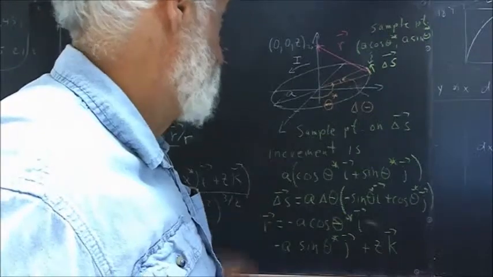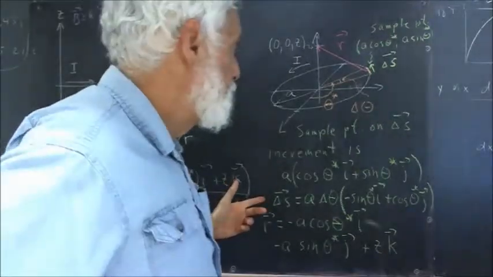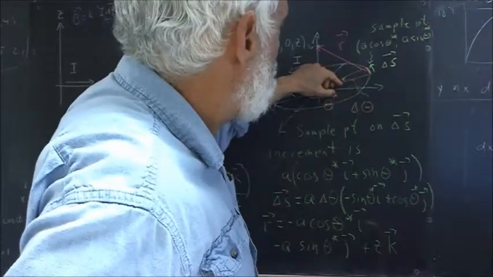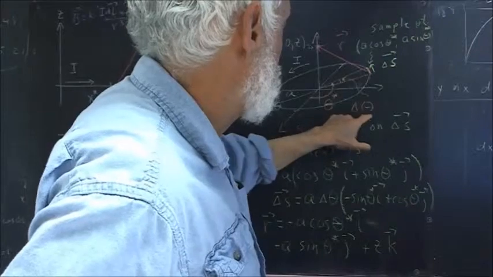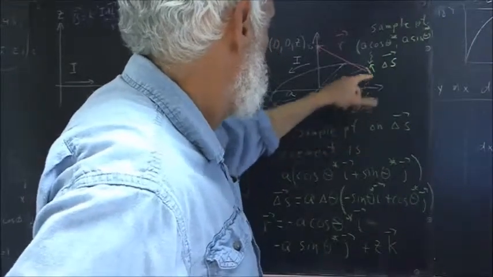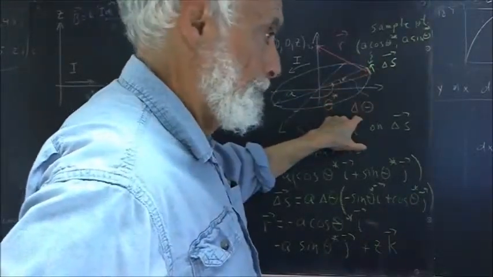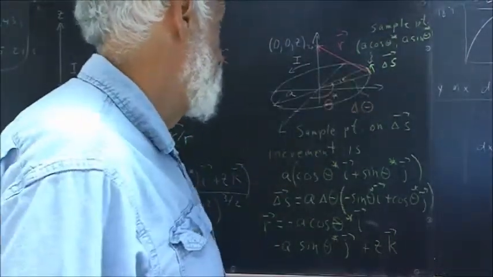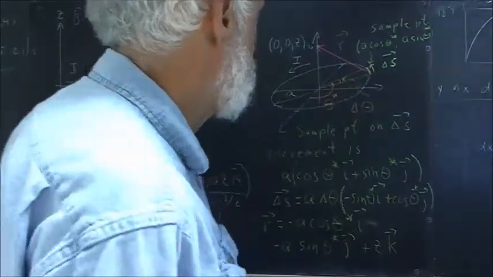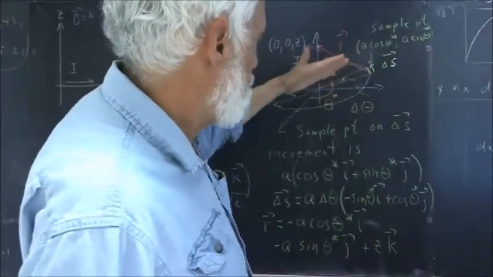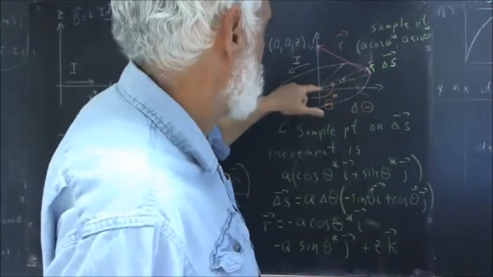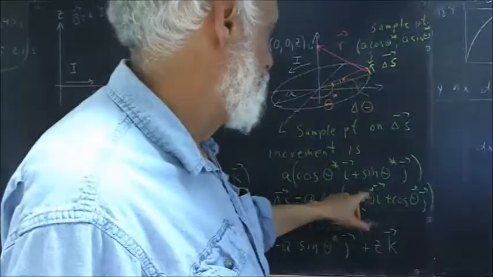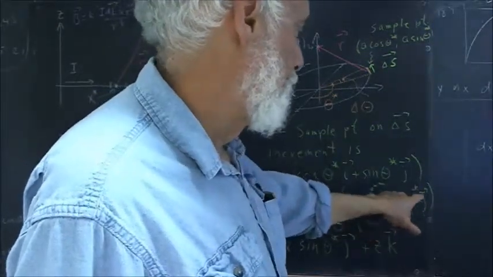Our delta S vector, first of all, has magnitude a delta theta, because an arc that subtends angle delta theta will have length a delta theta. So that's going to be the length of the arc, and the direction of the arc is going to be at 90 degrees with the direction of the theta star line, if you wish, and that direction is going to be minus sine theta star i plus cosine of theta star j.